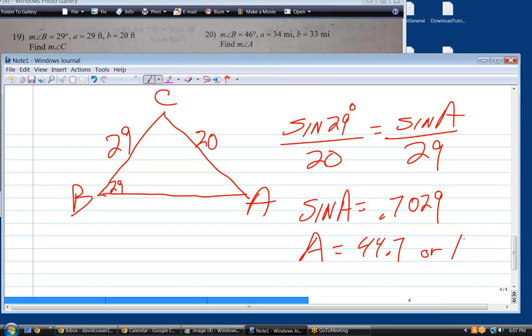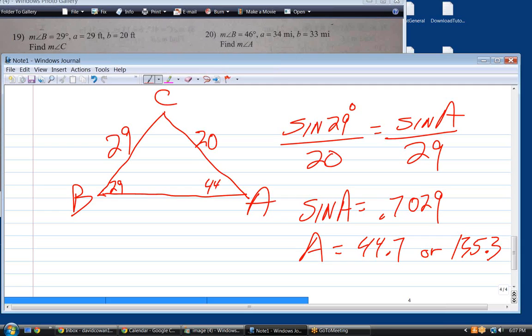Is it 135? Now we need to check whether that added to the original known angle exceeds 180. No, which means we have both cases.